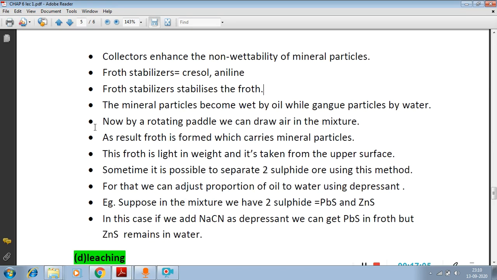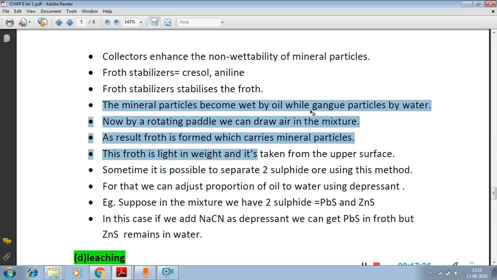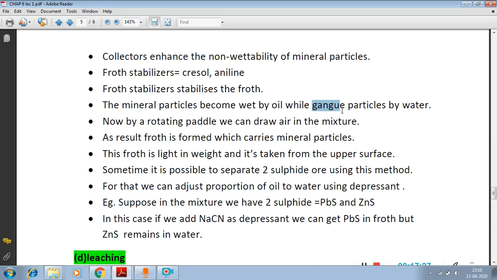Now after adding these 4 components, water, powdered ore, collector and froth stabilizer, and mixing them, the mineral becomes wet by oil, while gangue particles are wet by water.